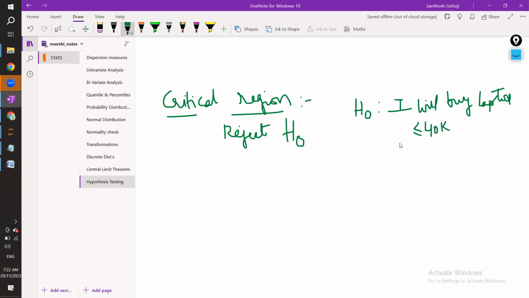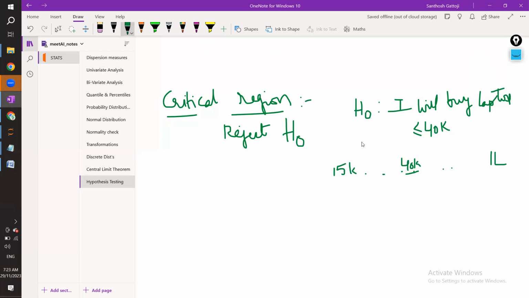You have gone to the market and the ranges are between 15K to 1 lakh. And my budget is 40K. So if my null hypothesis should be true, what is my null hypothesis, guys? I'll buy the laptop. That means if I buy the laptop, my null hypothesis is true. Do you agree, guys? Are you there with me?